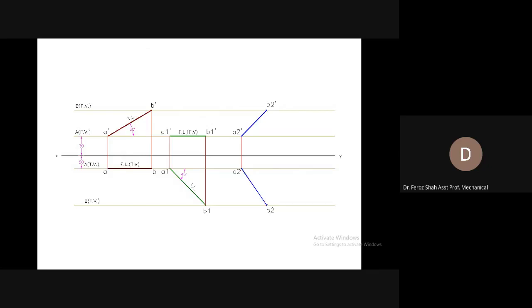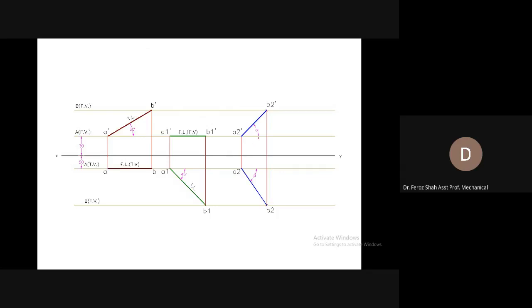So you got the top view. Now join the two ends with a perpendicular projector. So you are done. You have drawn the projection of a line inclined to both the planes, or the front view and top view of a line inclined to both the planes.